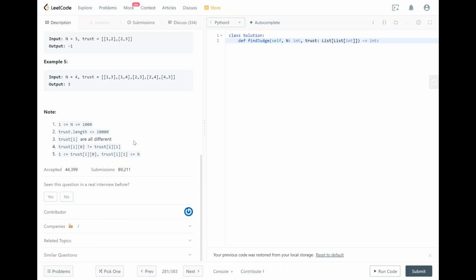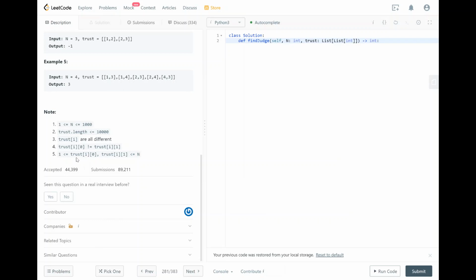Number 3, all trust[i] are different. This means that every item in the trust array is going to be distinct. Number 4, trust[i][0] is not equal to trust[i][1]. That means that you're not going to have to worry about the case where a person trusts themselves. Lastly, note 5, 1 is less than or equal to trust[i][0], trust[i][1] is less than or equal to n.